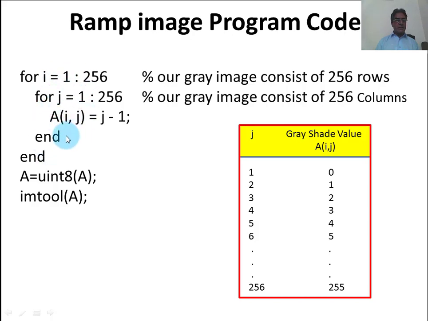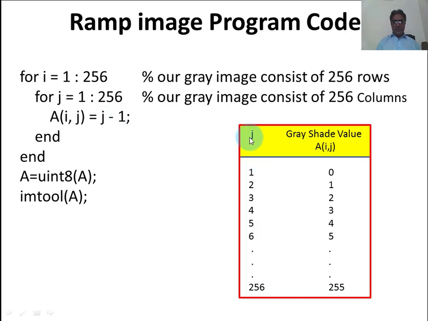When we run this program, for the I value, that is 1 row value, J will be 1, J will be 2, J will be 3, and J will go up to 256 for the first row. So J varies from 1 to 256.